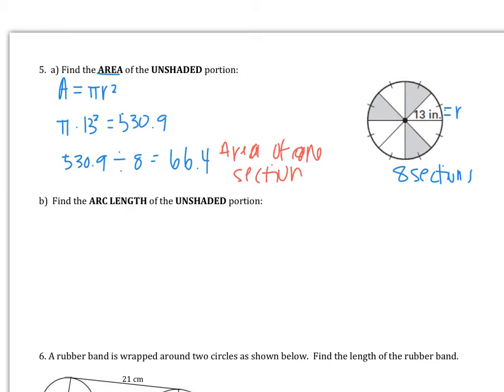So to get the area of the unshaded sections, there are 5. So if we take this 66.4 times 5, we get our final answer. Here, I'll write it up above.